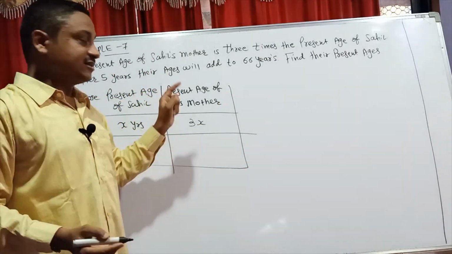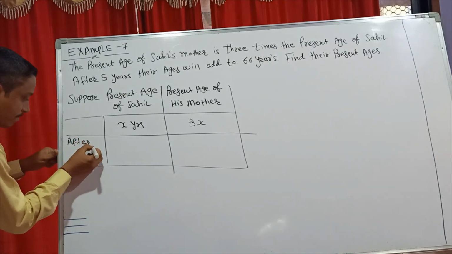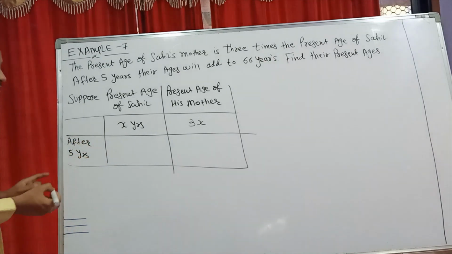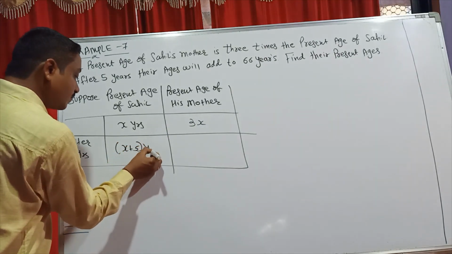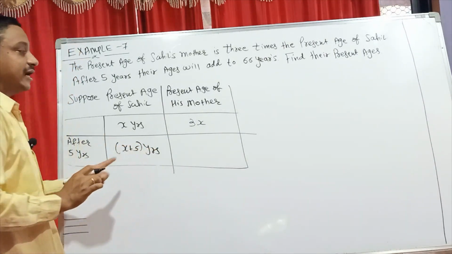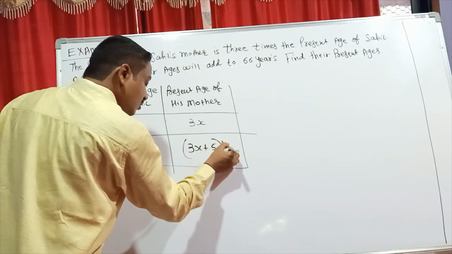Now read the question. After 5 years. Surely Sahil is getting x plus 5 years. And look at that, mother's age is 3x plus 5 years. Why?